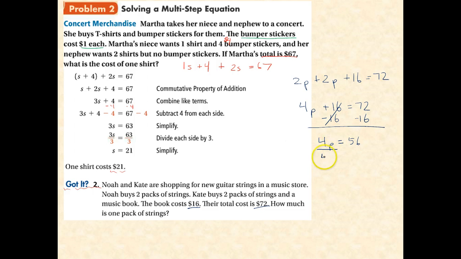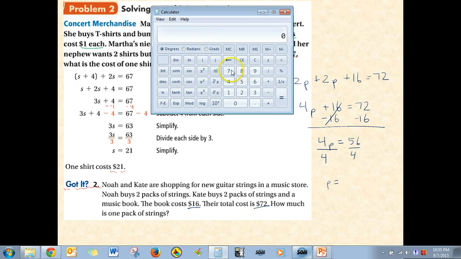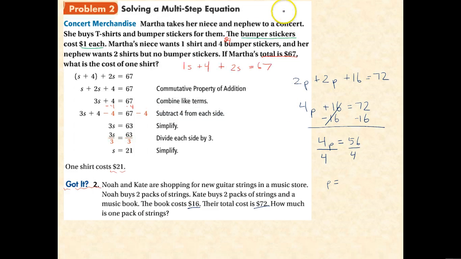Then, to get p by itself, divide both sides by 4, and we get p equals 56 divided by 4, 14. So 1 pack of strings was $14.